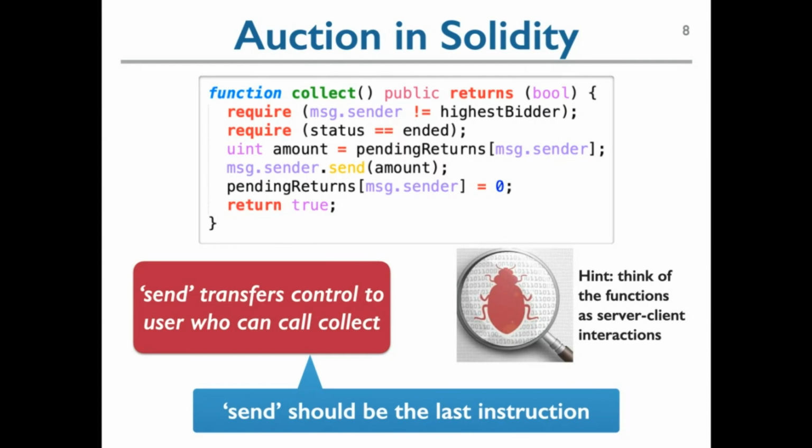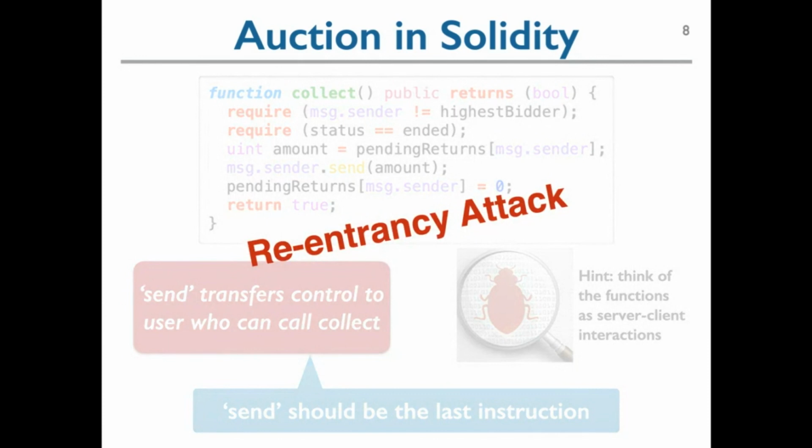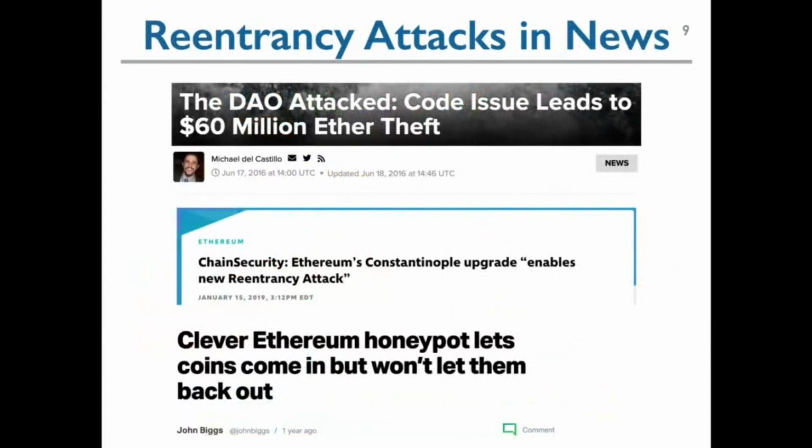This problem might seem a little too specific or maybe benign, but this is what is called a reentrancy attack. And this is actually a very, very common source of attacks on smart contracts on the blockchain. The most famous one is the DAO, which was attacked in 2016 for $60 million, based on just this simple vulnerability, but it has come up more recently in other contracts as well.